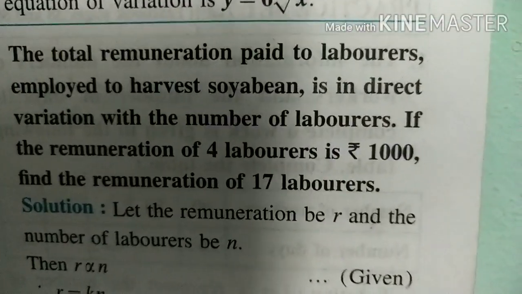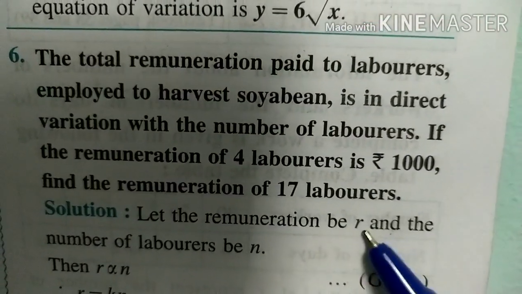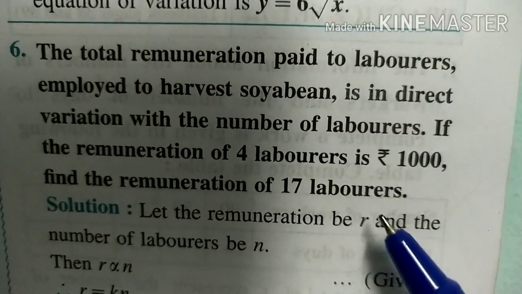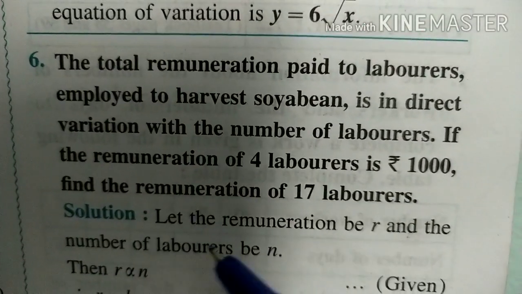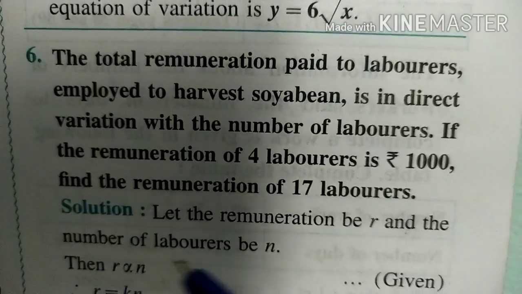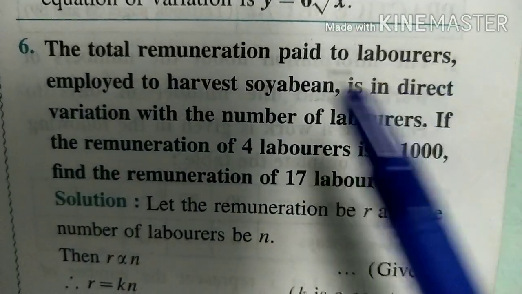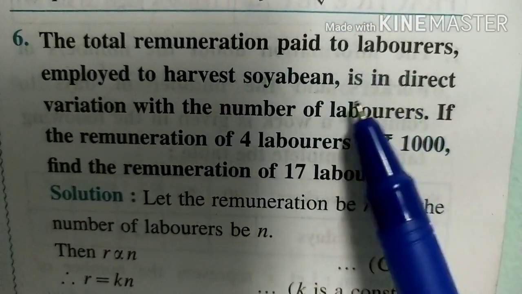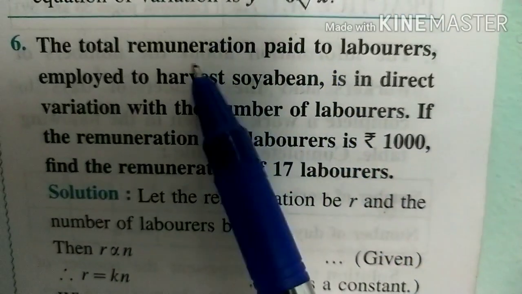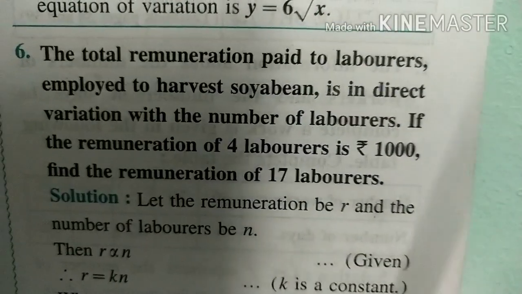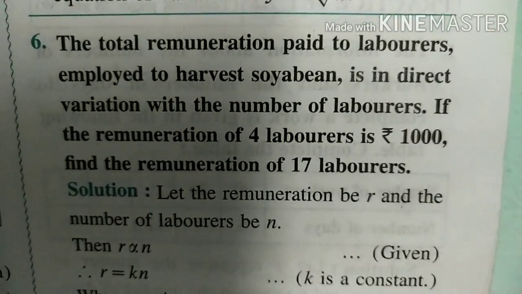So here let the remuneration be R. The remuneration we are taking as R and the number of laborers we are taking as N. So what they have told, remuneration is in direct variation with number.